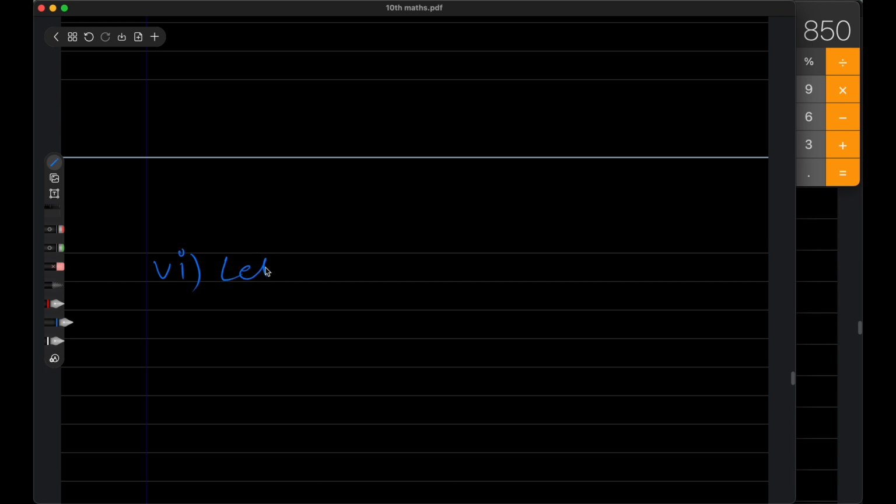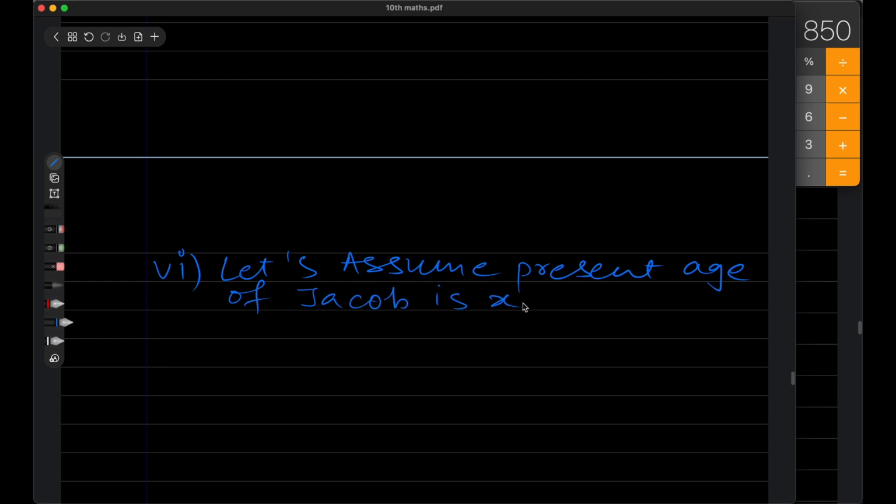Let's assume the present age of Jacob is X years and of his son is Y years.